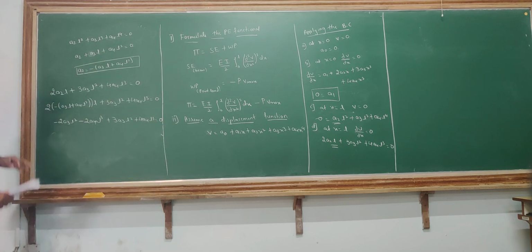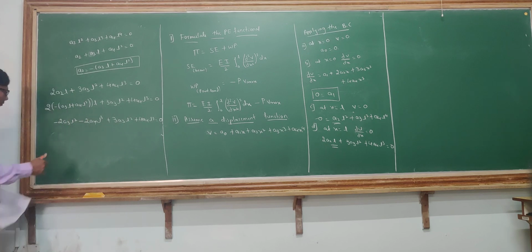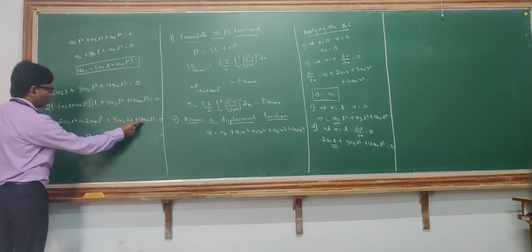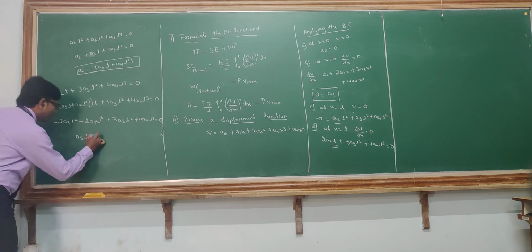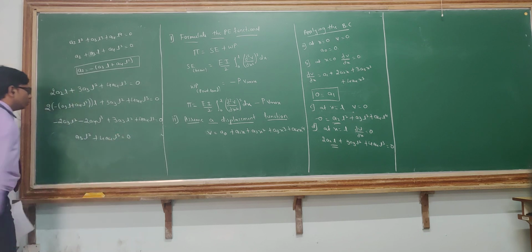So you have to solve this. It is minus 2 plus 3, you will be ending up with A3L square, and this is minus 2 and plus 4, so you will be getting plus 2A4L cube should be equal to 0.